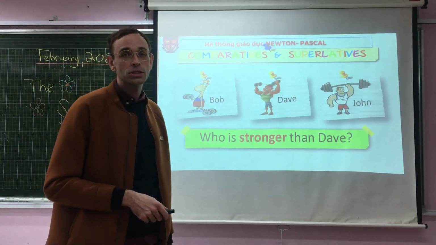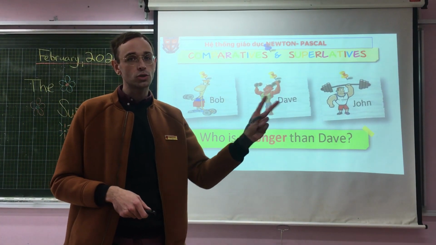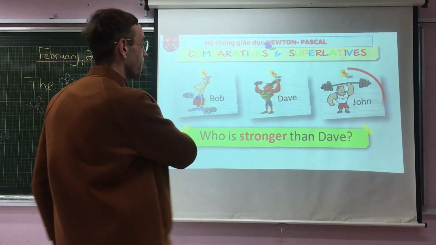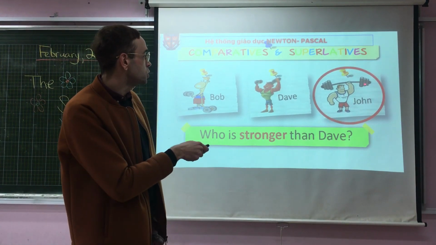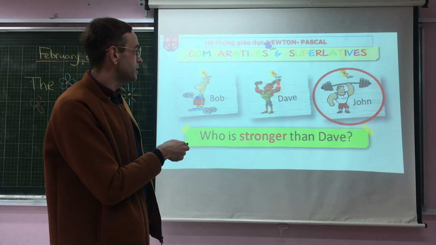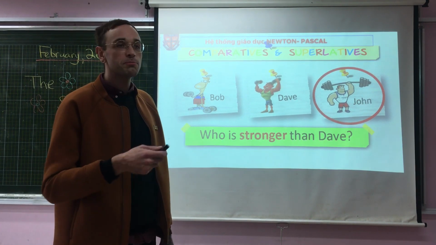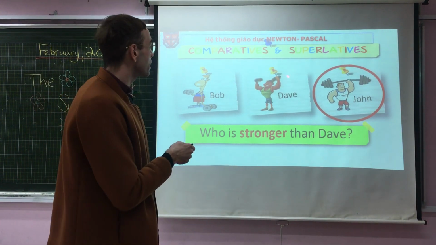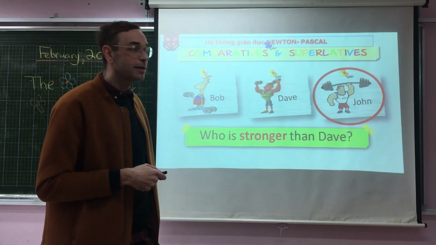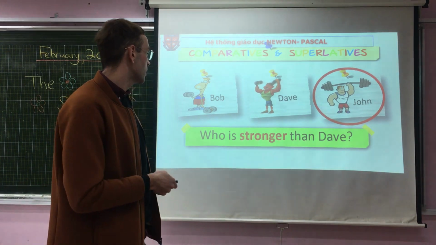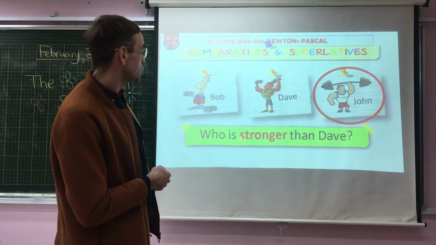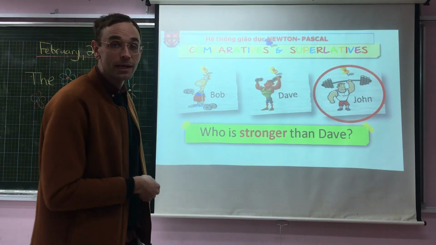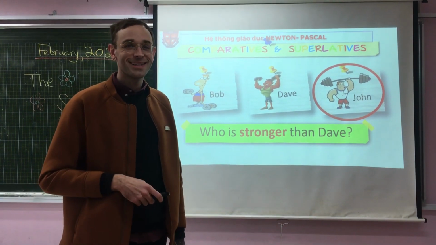And I want your answer out loud in 3, 2, 1. That's right. John is stronger than Dave. Now we know this because it looks like the weights that he is holding are bigger than the weights that Dave is holding. So we will say that John is stronger than Dave. All right, let's go.